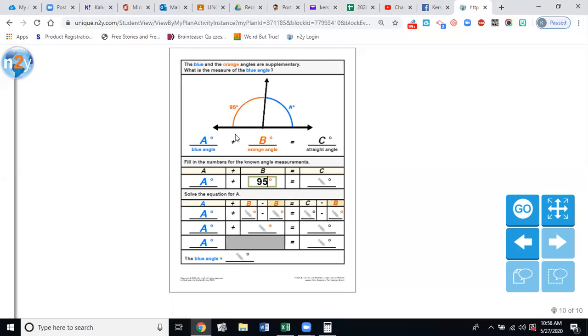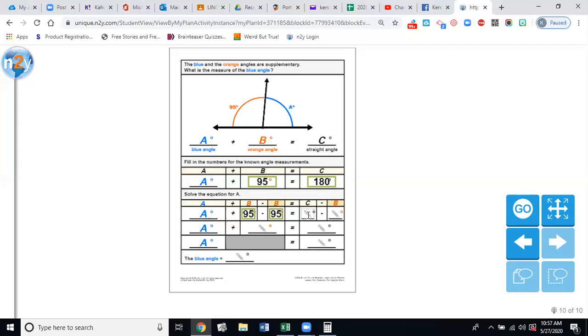So here's the line. So we know that C equals 180. That's our straight angle down here. That's our line. Okay, so B minus B, 95 minus 95.